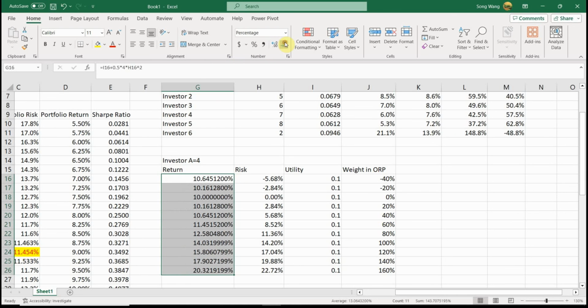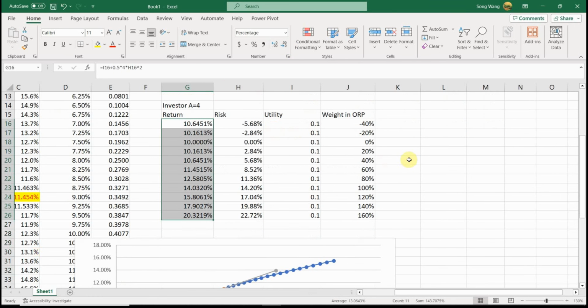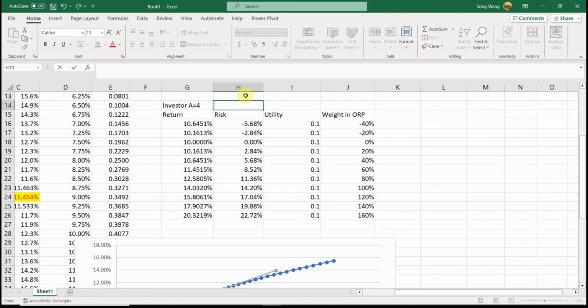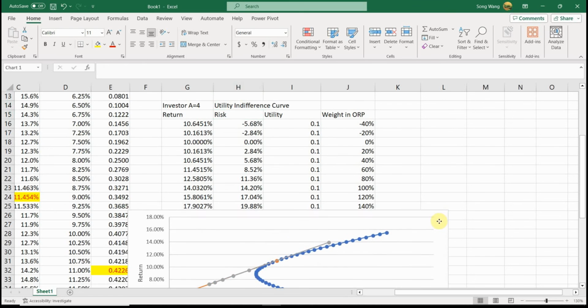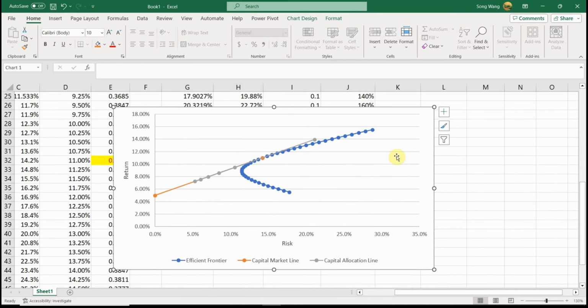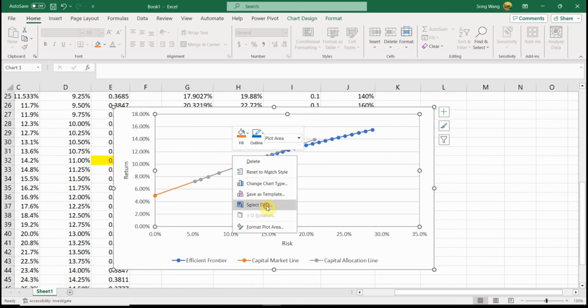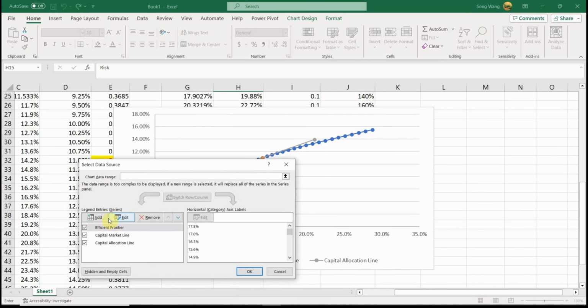Okay. As you can see, for each level of risk, it comes with a certain return, and that's for the individual investor. He has his risk aversion equal to 4, and I'm going to create the utility indifference curve. On this curve, all points indicate the same utility. So I'm going to right-click on the chart, select data, and add a series.